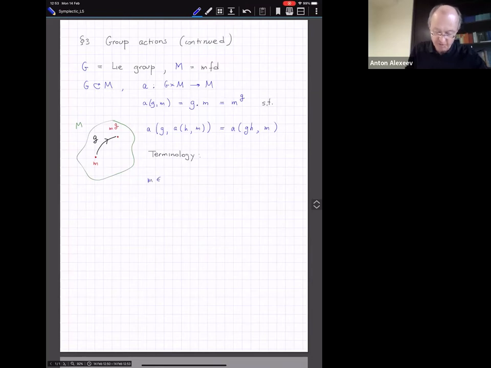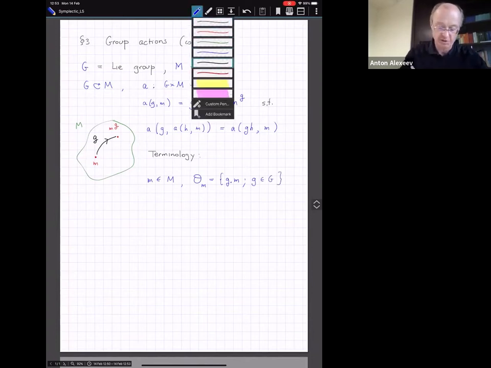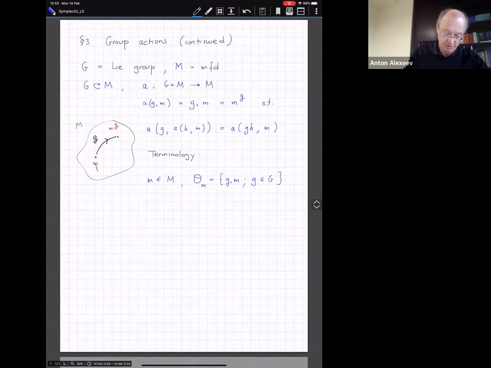Suppose we choose a point M on the manifold, and then naturally there is something which is called the orbit of M. These are all the points that you obtain from M by acting by different group elements. So here you can imagine that this is our point and this is its orbit.